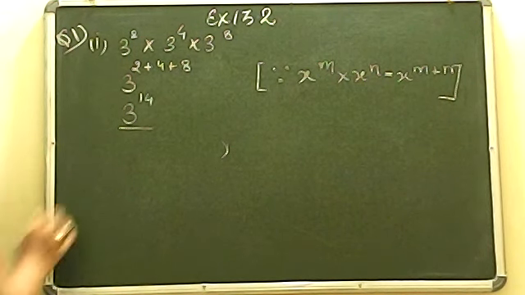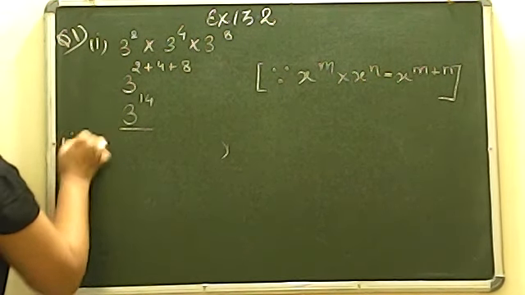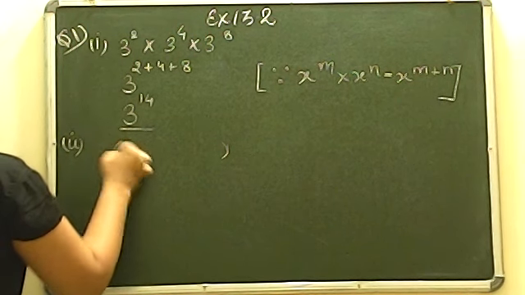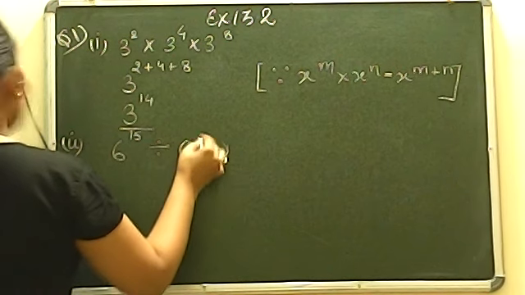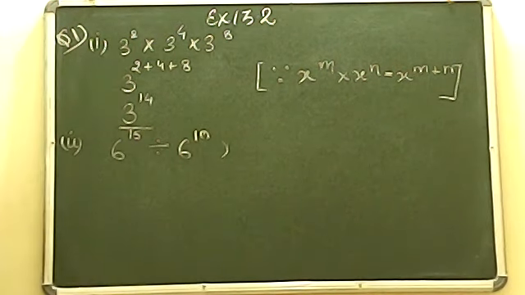Now let's try question number 2. Now this answer you will be telling me: it's 6 to the power 15 divided by 6 to the power 10. Now please tell me what answer can I write here?